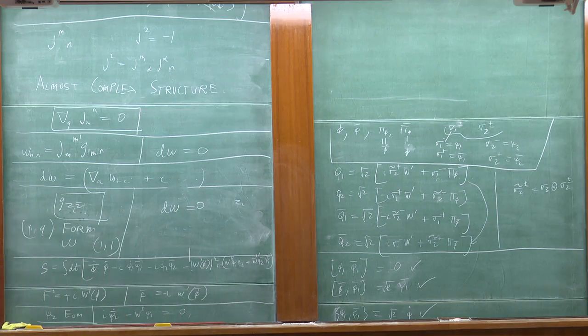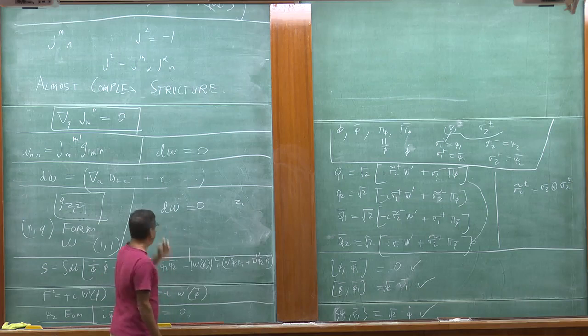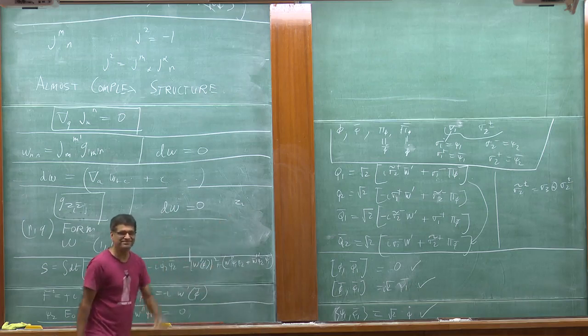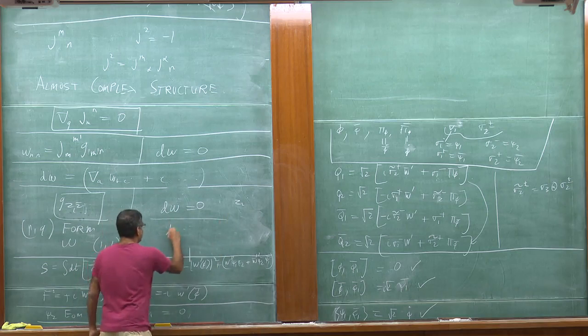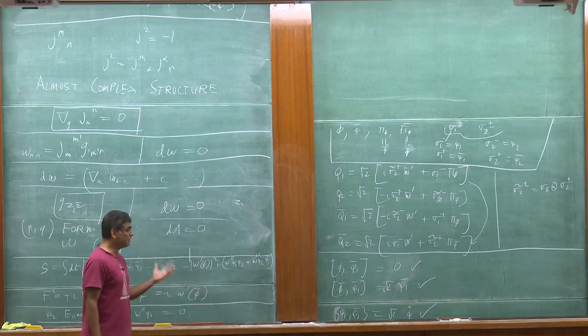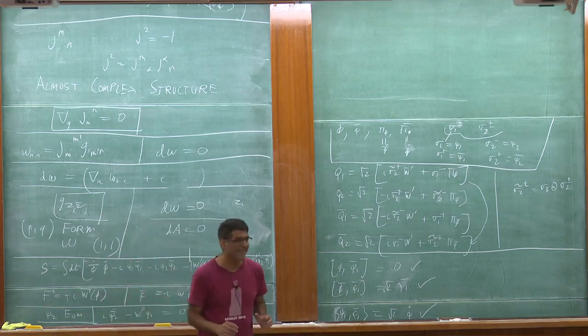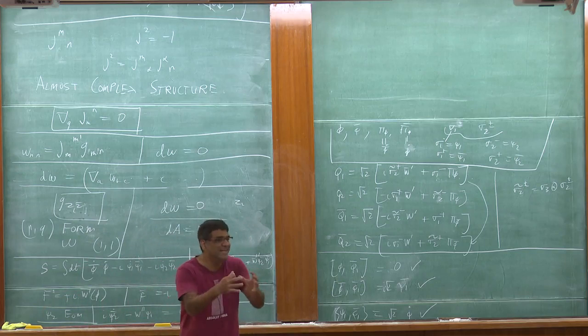From this, one can argue that, suppose you had a gauge field and it obeyed dA equal to 0. It follows from this that locally, at least, the gauge field is d of a scalar field.